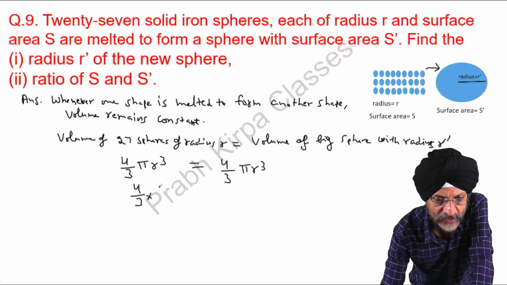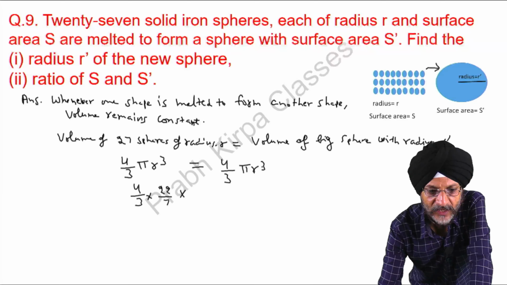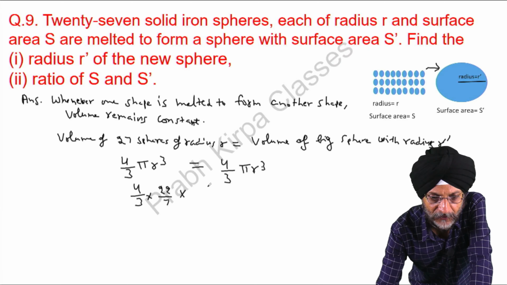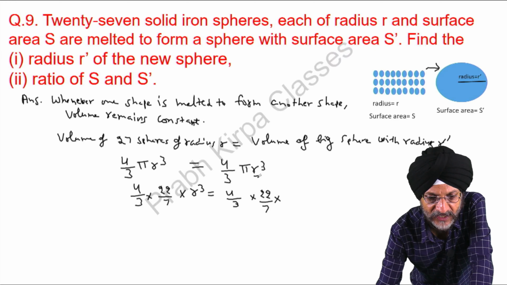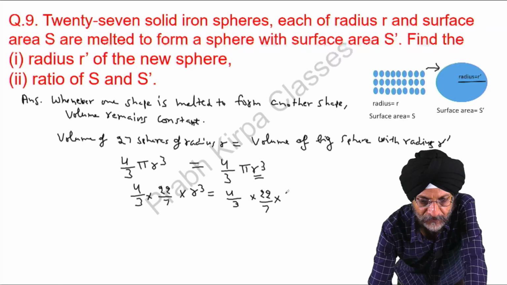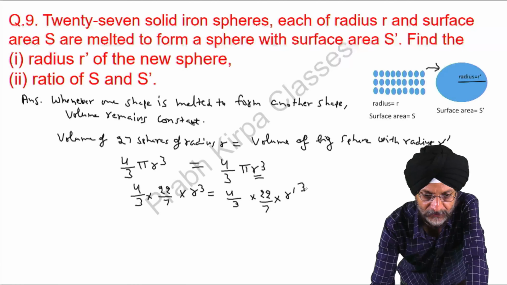We will put in the relevant values: 4/3, 22/7 into what is the value of radius in this case? It is r. So we will use it as it is. 4/3, 22/7, and the radius in the case of the big sphere is r dash power 3.